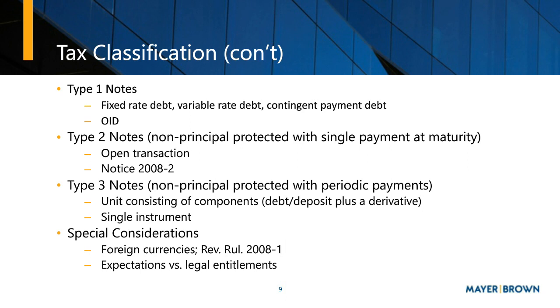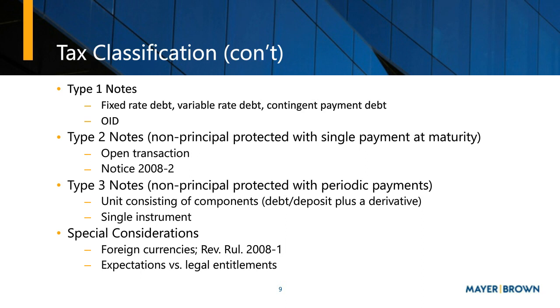Typically, if the Type 3 notes also have upside exposure in the hands of an investor, we typically don't see people take the note apart into components. In other words, I don't think I've ever seen trifurcation. I've seen bifurcation, but not trifurcation.